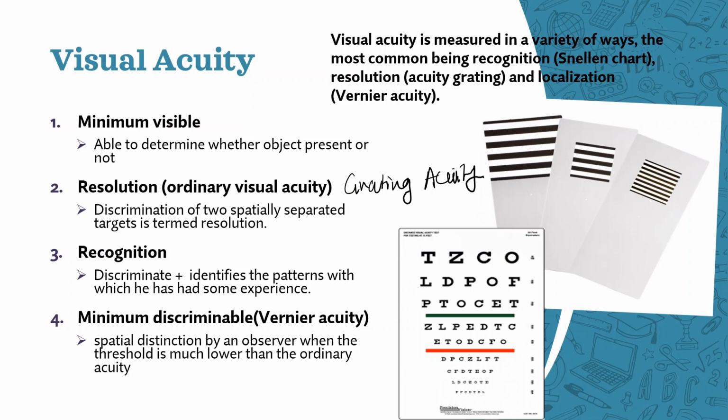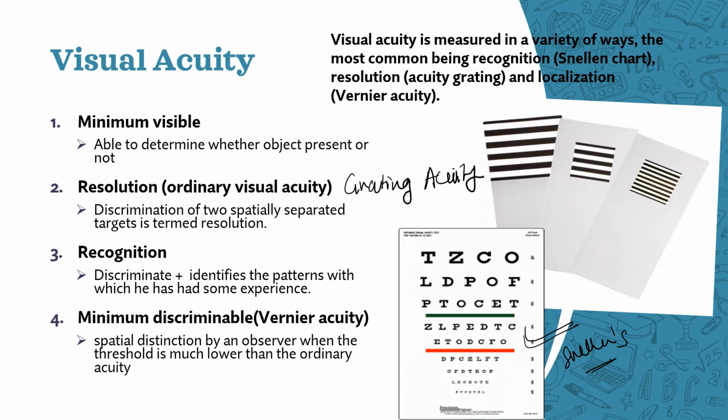Then comes recognition. Now closely observe this chart. This one is the Snellen's chart. Now I ask you to test your visual acuity, but what if you are able to distinguish it as T and Z, but you don't know the alphabets?